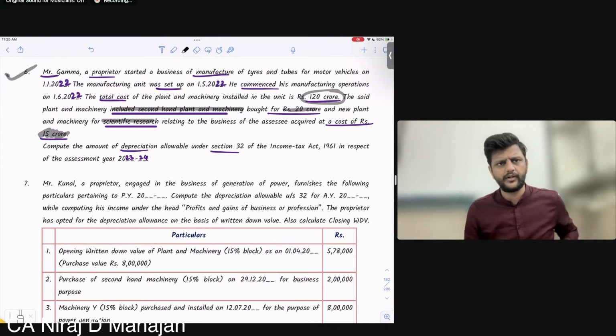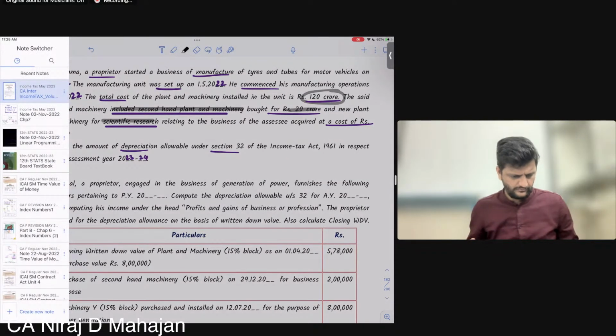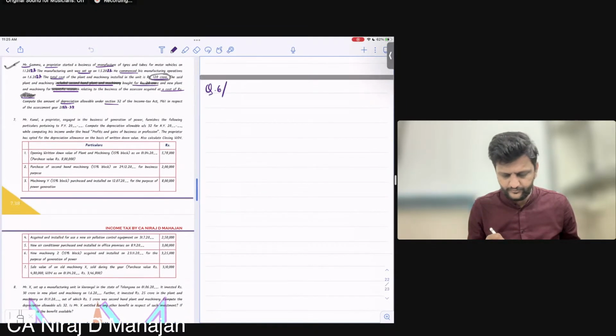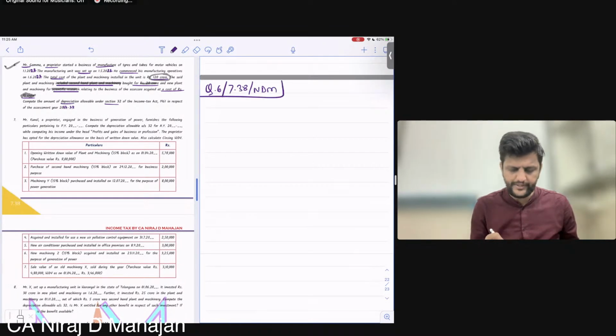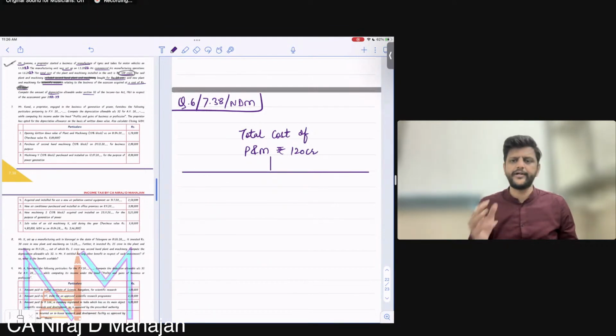Ready everybody? Okay. Write down. Question number 6, 7.38. Total cost of plant and machinery is how much? Rupees 120 crore. I will divide that into 3 categories now.